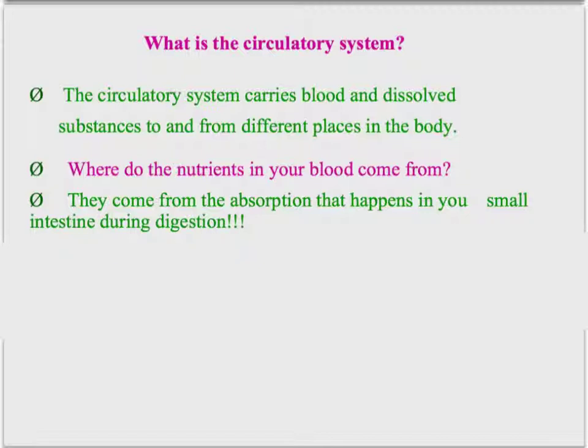Second thing we need to talk about is where do the nutrients in your blood come from? If the circulatory system moves blood and nutrients, where are we getting those things from? Well, as we talked about in digestion, we get our nutrients from our digestive system, and specifically, nutrients get absorbed through the villi in your small intestine.